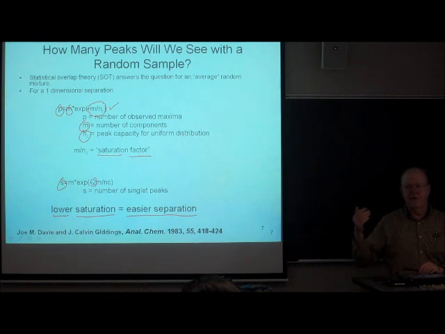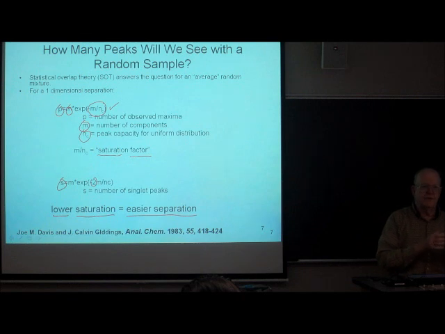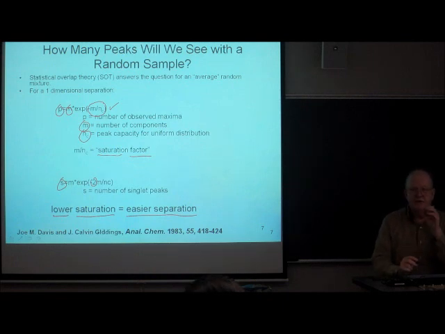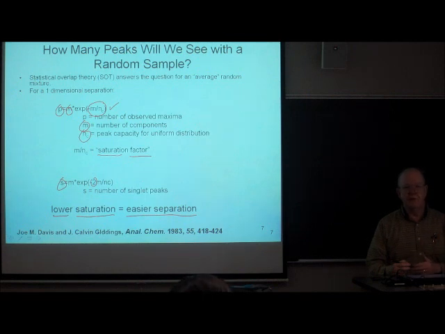So the larger the number of peak capacity units you have, the more likely it is that you will isolate peaks that are pure single components. In general, you want the number of units of peak capacity to be a lot bigger than the number of components in the mixture. Or to put it another way, the more complicated the mixture is, the harder it is to do the separation with a system with a given peak capacity.